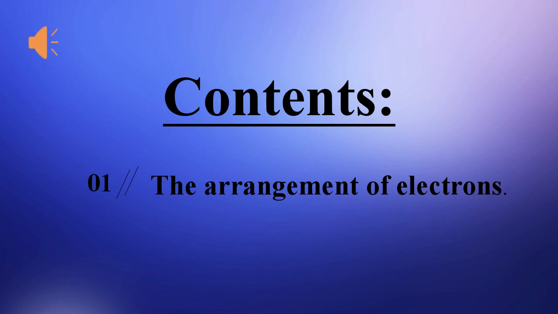Dear students, in today's lesson we will discuss the arrangement of electrons around the nucleus in an atom. That is how electrons arrange themselves in different shells or orbits around the nucleus in an atom.